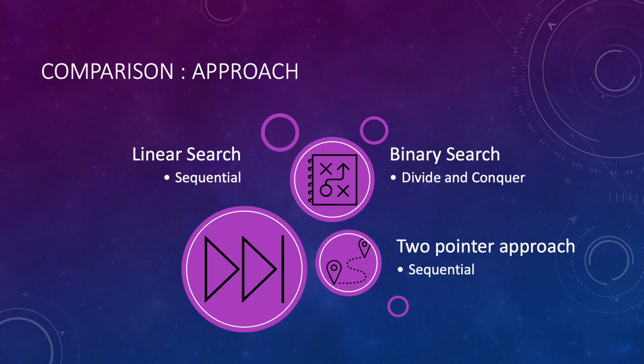Same with the two-pointer approach, we check the elements sequentially. We check the element at the left pointer, we check the element at the right pointer, and then we decrement or increment the pointers as needed. Then we have binary search, which uses the divide and conquer approach, where we divide the array into two halves and then reduce our search space.